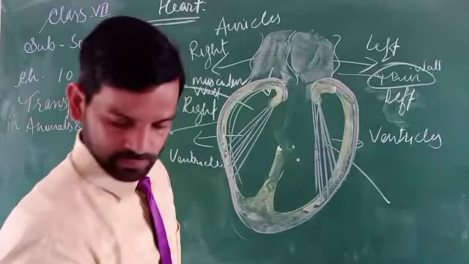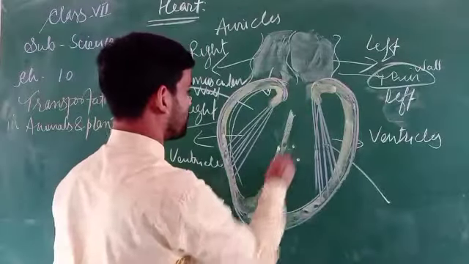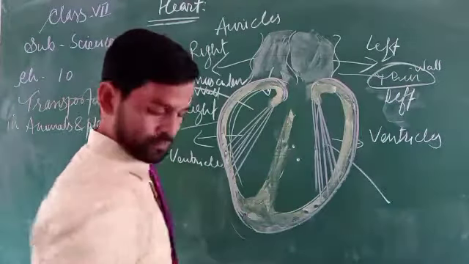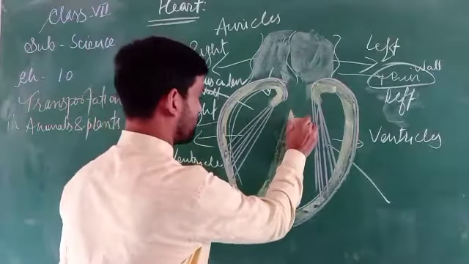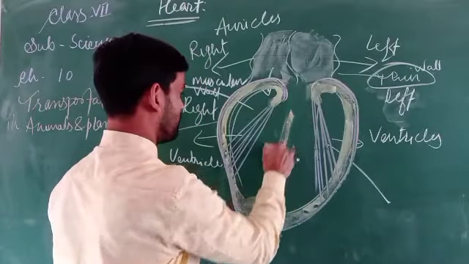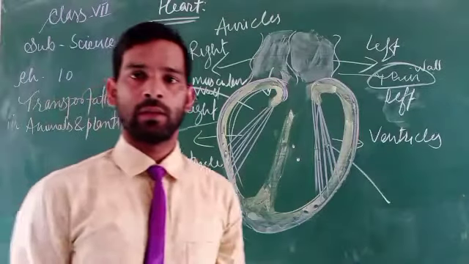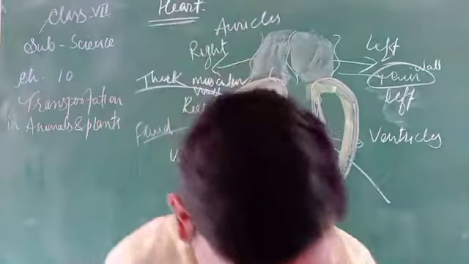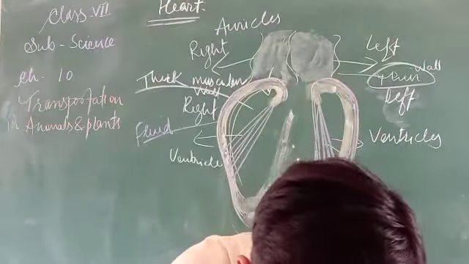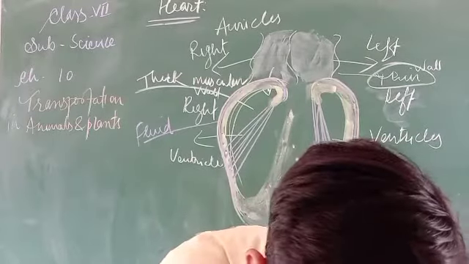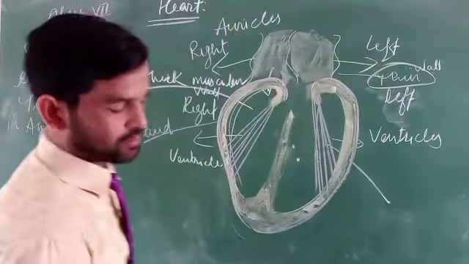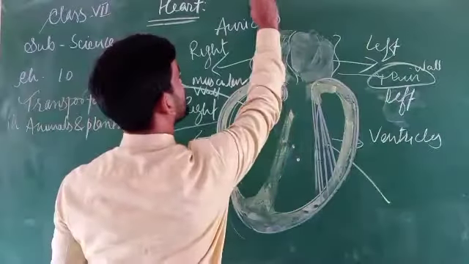Here you can see. So the next point is that the heart collects the blood through both the auricles and then distributes it.